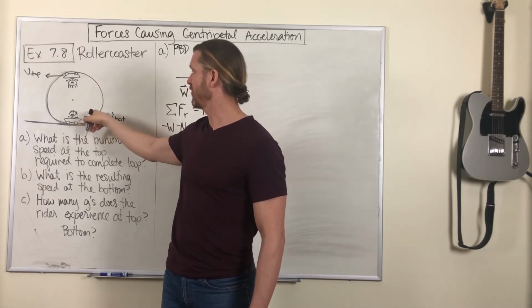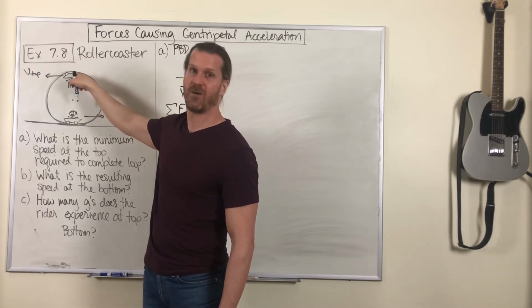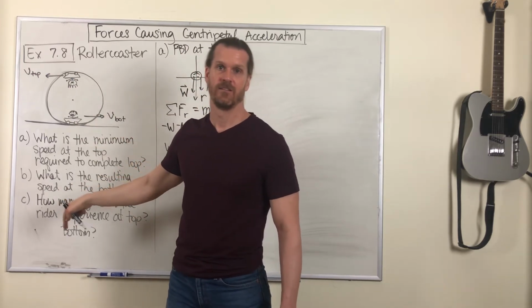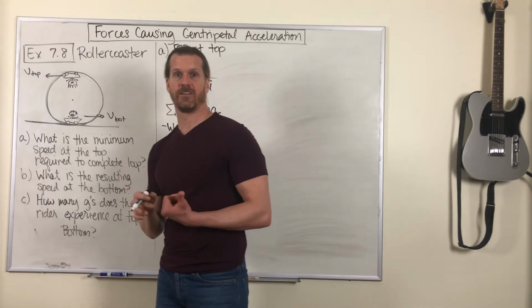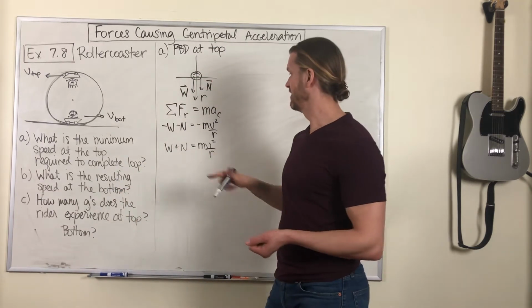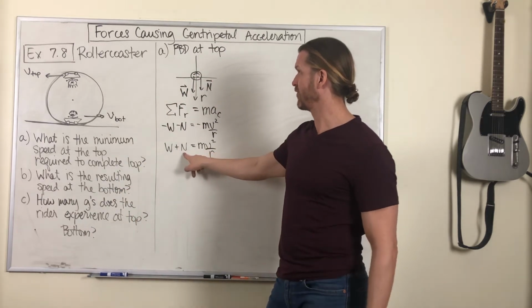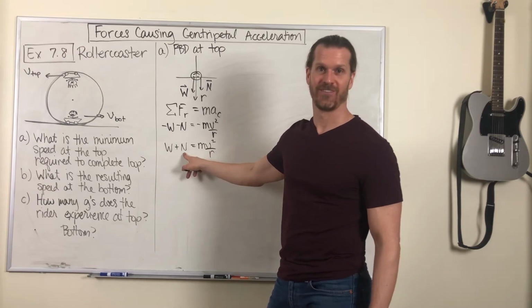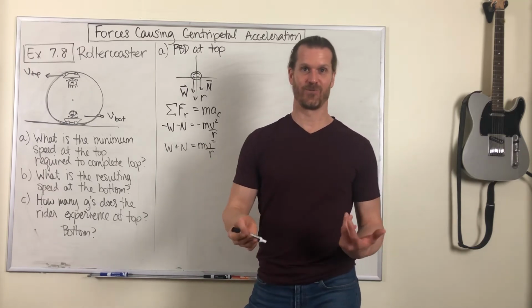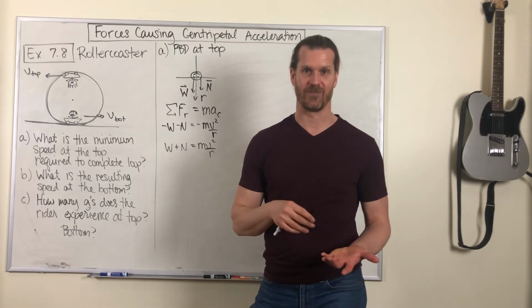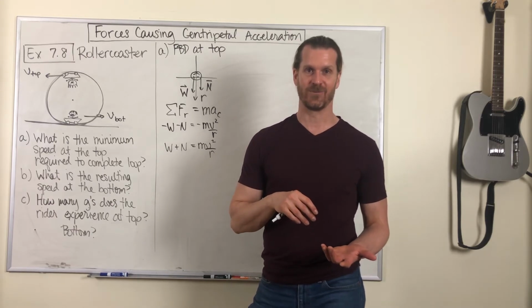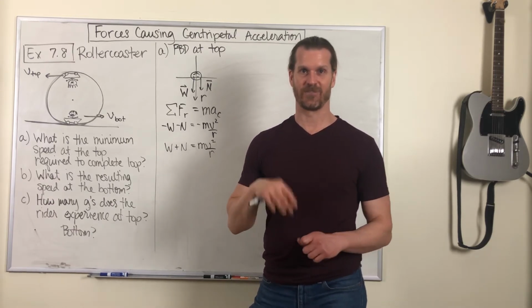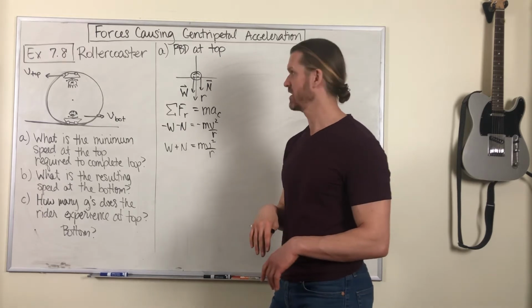Imagine you're going too slow so that by the time you get to the top, you start falling. If you're falling, that means that there's no normal force. The roller coaster is no longer in contact with the track, so N equals 0 if you're not going fast enough and you start falling.